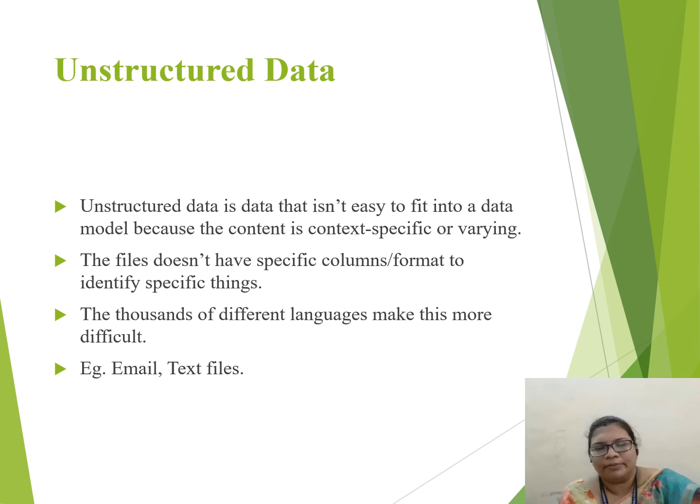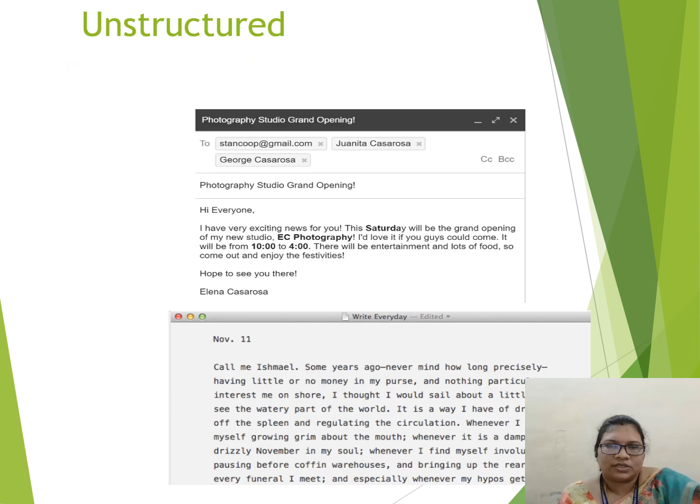For example, take an email: a work email has one format, and a personal email has a different format. So it has some structure, but the email format will differ depending on the person you are sending it to. This is unstructured data. For unstructured data, this is an example of a mail: hi everyone, some company news mail, in a normal format.